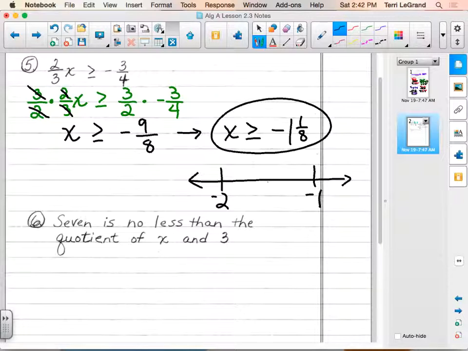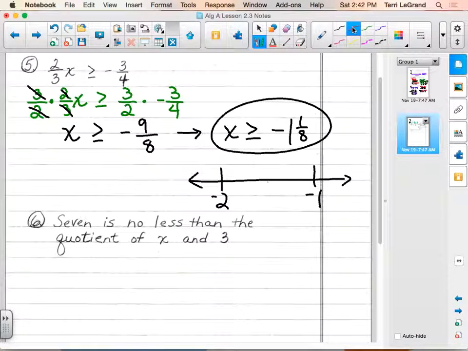So which one is it closer to? Well, negative 1 and 1/8 means it's only negative 1 and it's only 1/8 of the way over to negative 2. So we have to show the negative 1 and 1/8 tick mark only 1/8 of a unit away from negative 1 on the way over to negative 2.